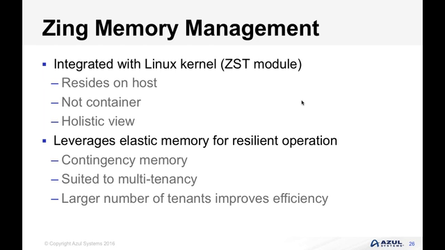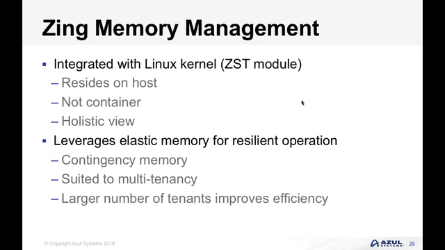What this allows us to do is to provide elastic memory, in the sense that we can adjust things to enable services to perform better, to enable services to continue to service requests, even in situations where they might not normally do so. We have a thing called contingency memory, which I'm going to talk about in a moment.